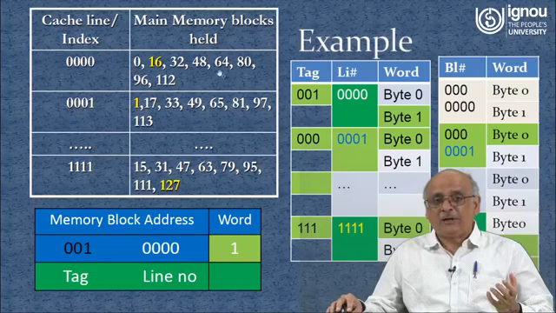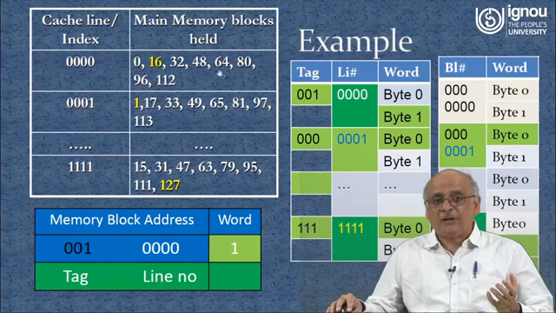But which one is residing presently? That is what the CPU wants to know. If the CPU is referring to location number 16, it will get it from the cache. But if the CPU is referring to location number 32, it will try to find it from here and match with the tag number. The tag number for the 32nd location, as we said, is 010. It doesn't match.